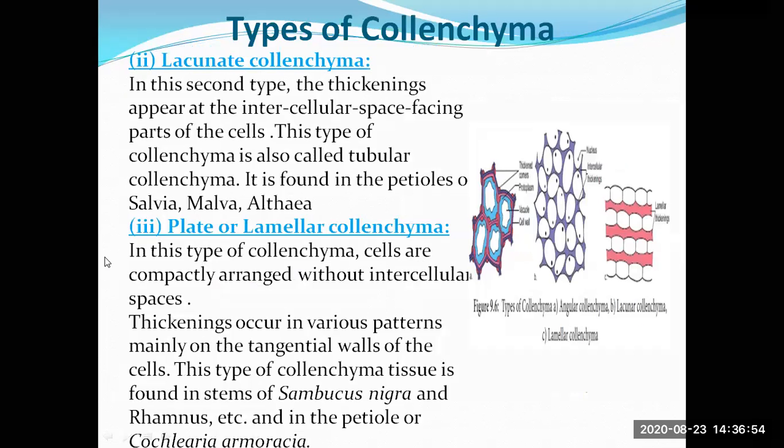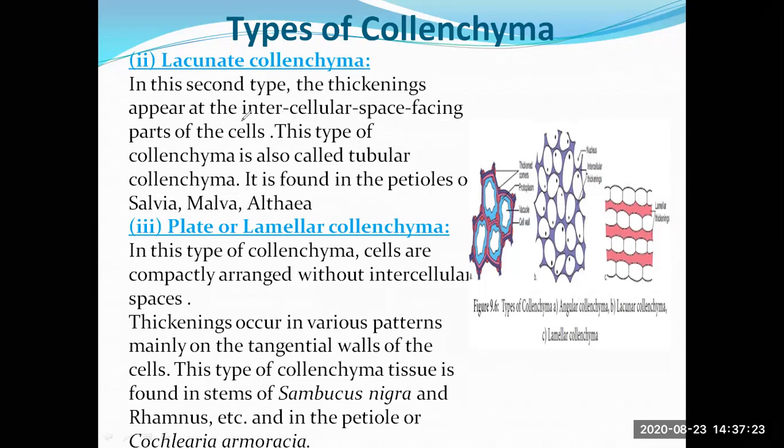The second one is lacunar or lacunate, sometimes called tubular collenchyma. This is the second type of collenchyma. Here the thickenings are restricted to the walls of the region bordering air spaces.